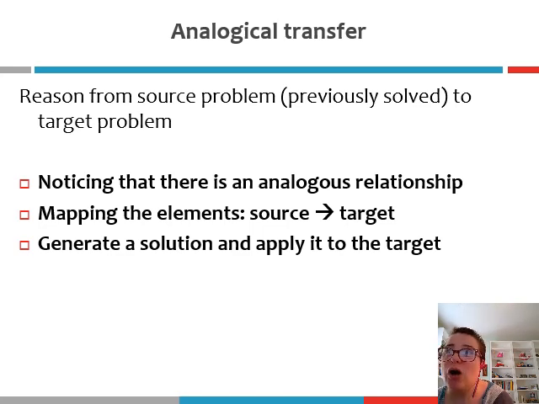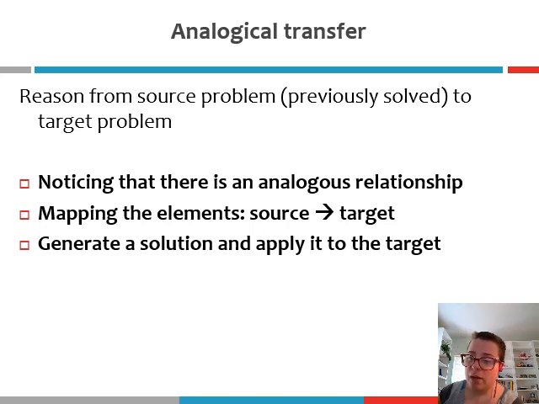This would involve, for example, generalizing from the many small groups of soldiers approaching the fortress from different directions to the idea of using the weaker rays that would approach the tumor from different directions. So noticing and mapping, like I said, are arguably the most difficult steps in analogical problem solving.